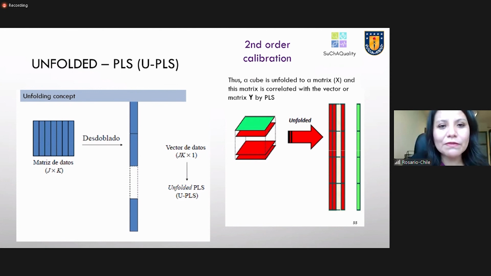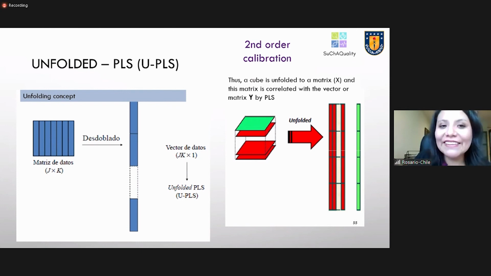So I will build my mathematical model using PLS, a first order calibration, with the interference, with the chocolate. But if I have one sample to predict, with one or two interferences which were not in the calibration set, my model will not work well, okay? So this is the disadvantage of first order calibration.